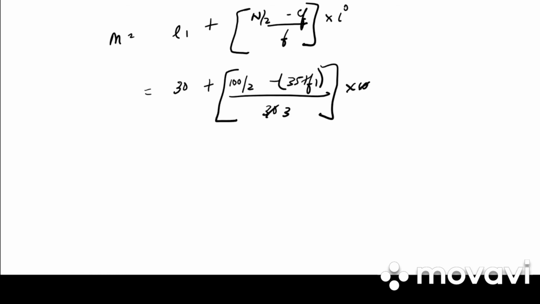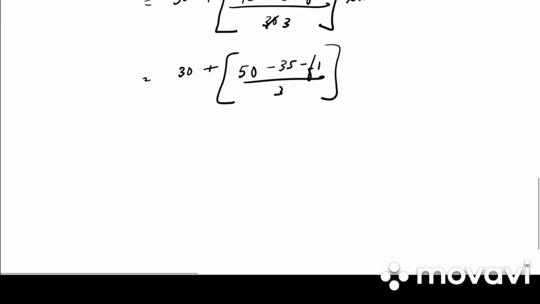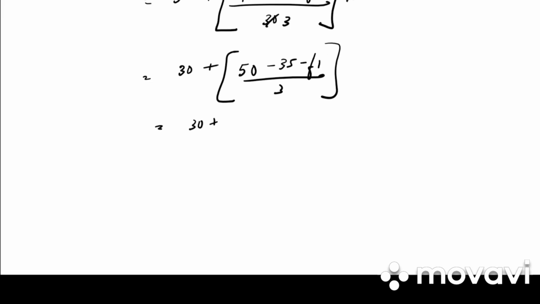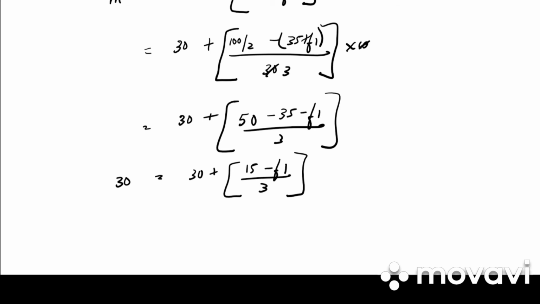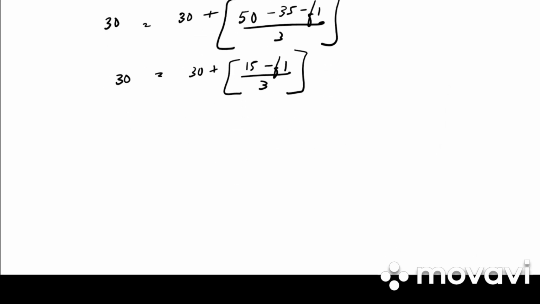10 ones are 10, 10 threes are 30. So it is 30 plus 50 minus 35 minus F1 divided by 3. So it is 30 plus 15 minus F1 divided by 3. We know the median. How much is median? Median is already given in the problem, that is 30.